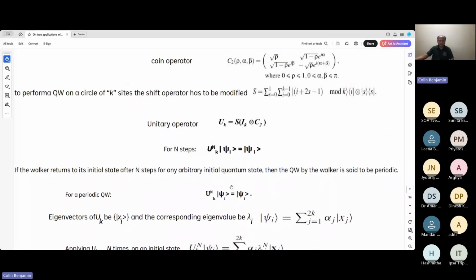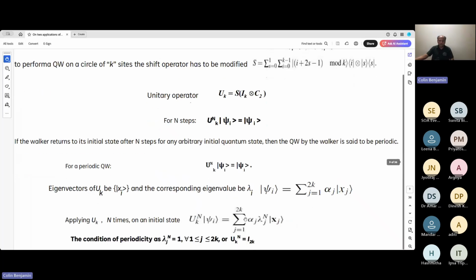If I calculate the eigenvectors of my corresponding eigenvalue, then I get this relation. After applying the unitary operator Uk n times on the initial state psi, I will express it in terms of my eigenvalues and my xj's, which are the ket operators, expressed in the eigenbasis of the eigenvector.